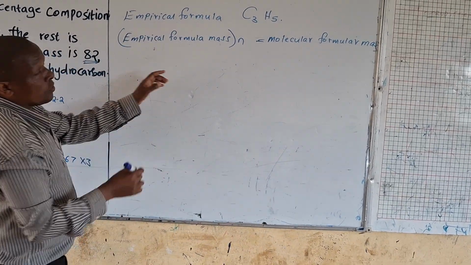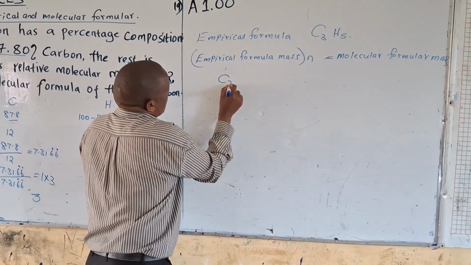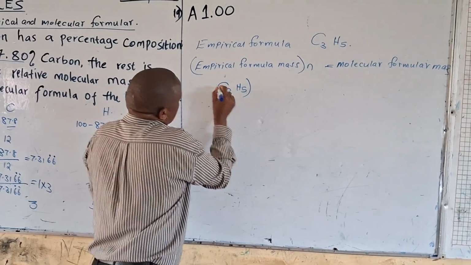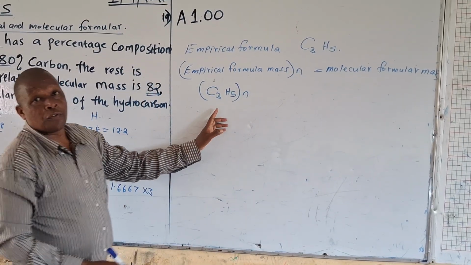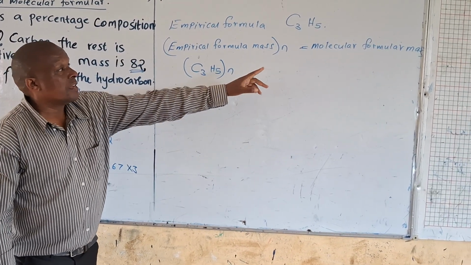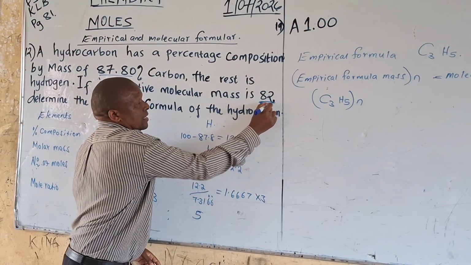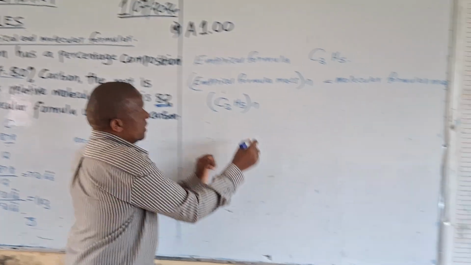Now we already have the empirical formula, which is C3H5. So the empirical formula C3H5 times n should give us the molecular formula mass. And the molecular formula mass is 82.